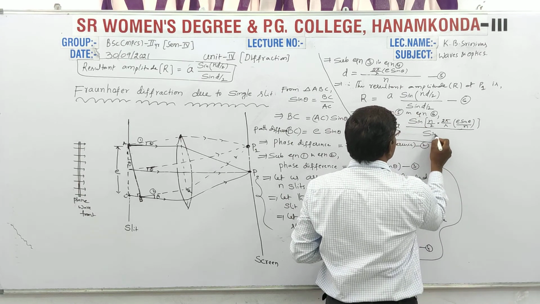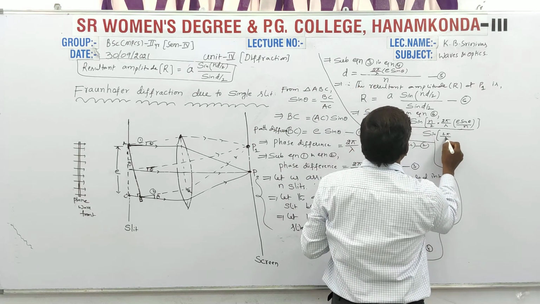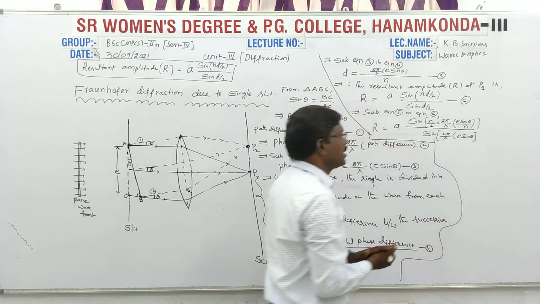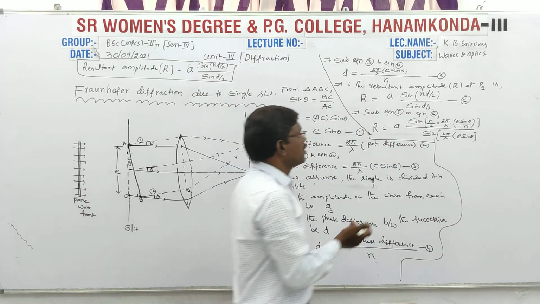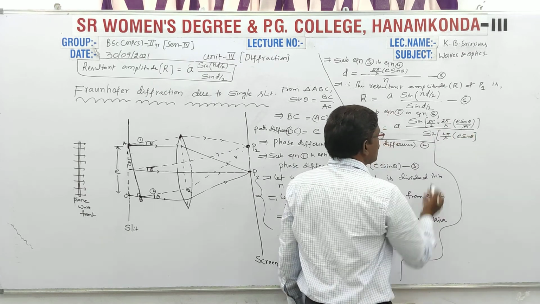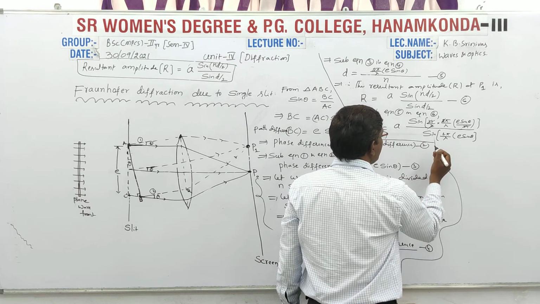Again I am substituting d as 2 pi by lambda of e sin theta. Is that clear? Right. The n gets cancelled, the 2 gets cancelled. So finally we get the formula.